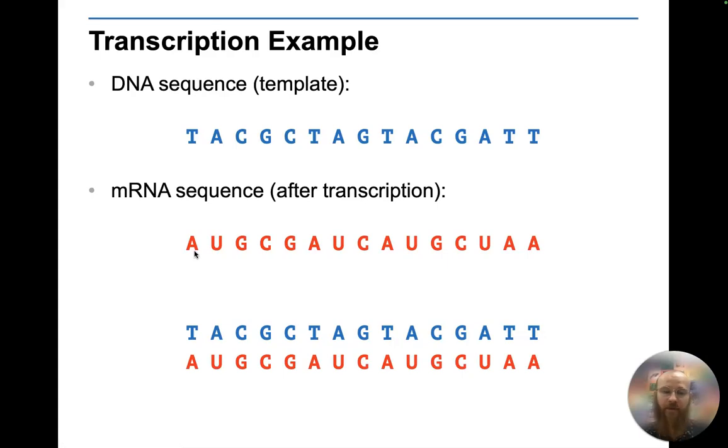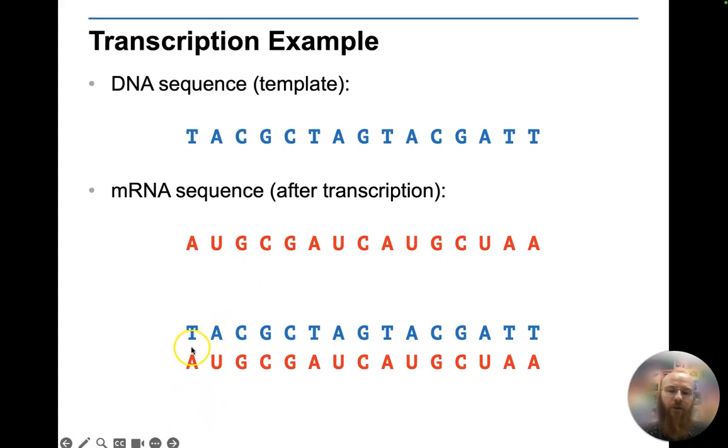RNA uses A's. Every A in DNA is going to bring a U because remember, messenger RNA, we don't utilize thymine. Doesn't travel well. Easy way to think of it. For every C, we bring a G. Every G, we bring a C. These base pairing rules have not changed. Only one of the letters has. A's and U's, C's and G's, and vice versa.